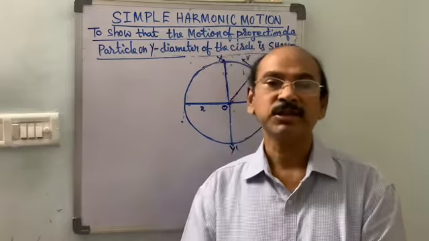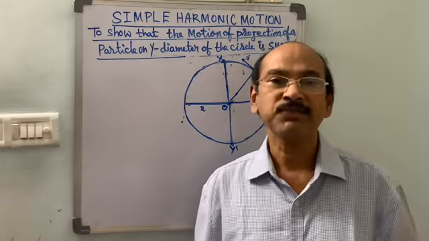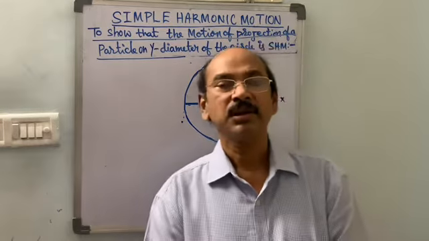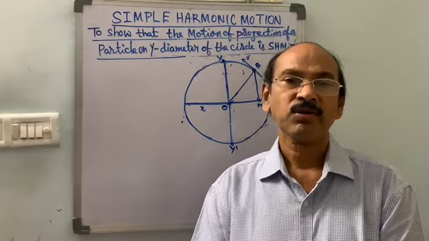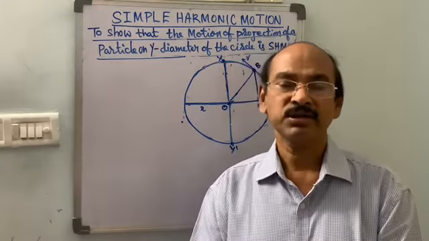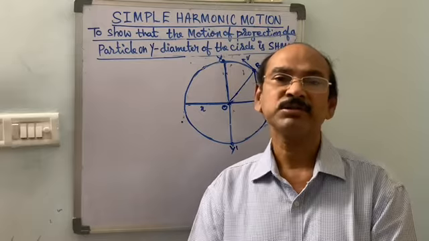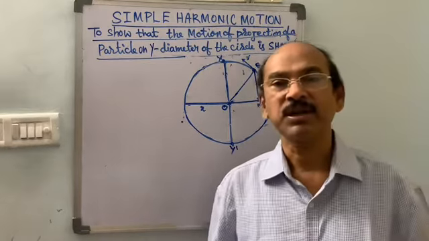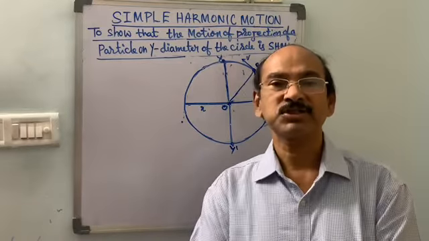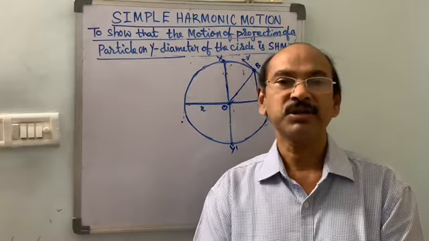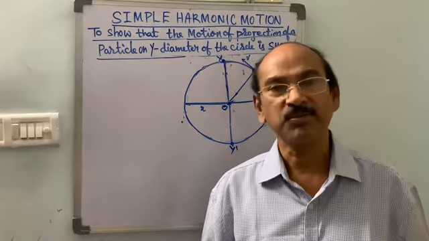Certain examples are: the motion of the cradle is simple harmonic, and the oscillations of a simple pendulum are simple harmonic. When a vertically loaded spring is stretched and released, the oscillations made by the spring are simple harmonic.